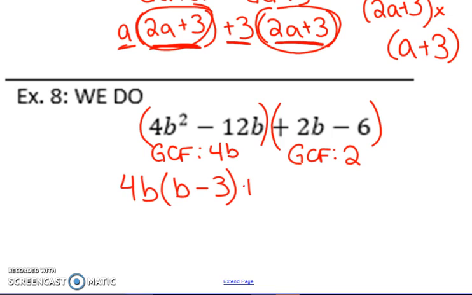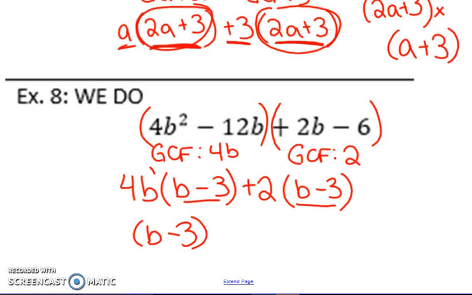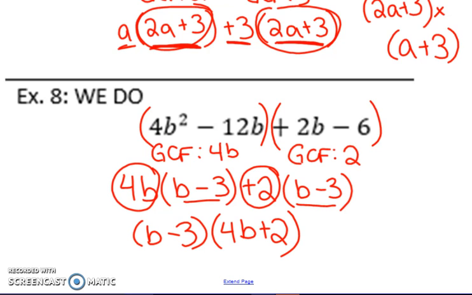I pulled out a positive 2 as my GCF, so I'm going to put plus 2, and I'm left with b minus 3. Again, I have the same thing in both sets of parentheses, so I'm going to start with that, and I'm going to use what's left to create my second set. So this becomes 4b plus 2. All we're doing, if I were to divide it like we normally do the GCF, those b minus 3's would cancel, and you'd be left with 4b plus 2.